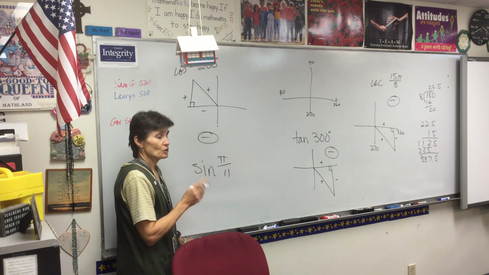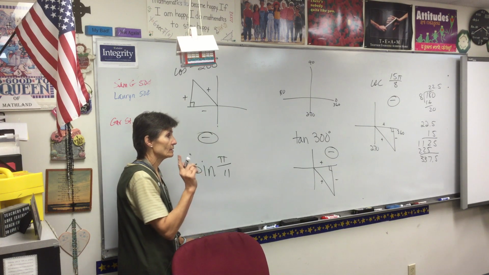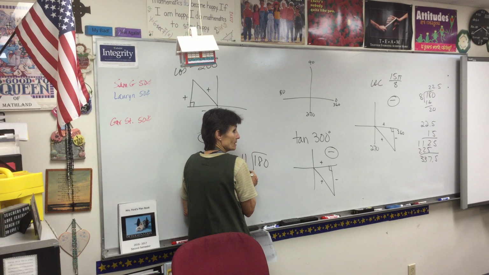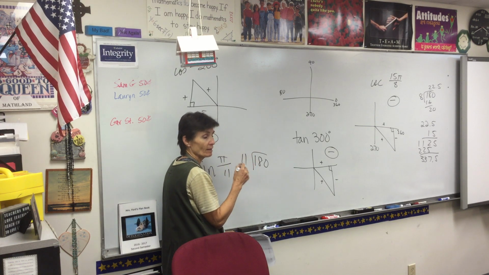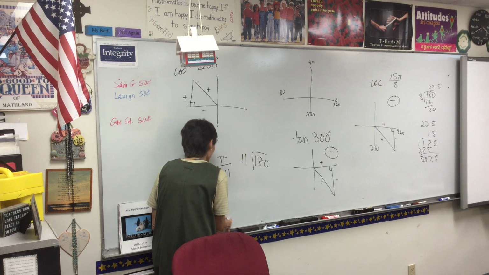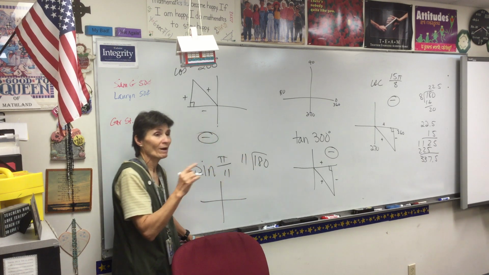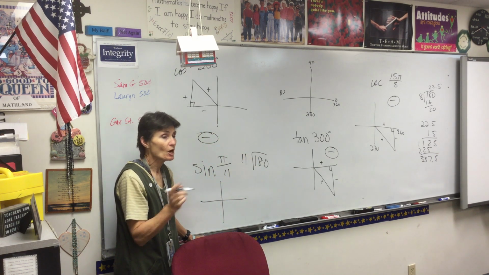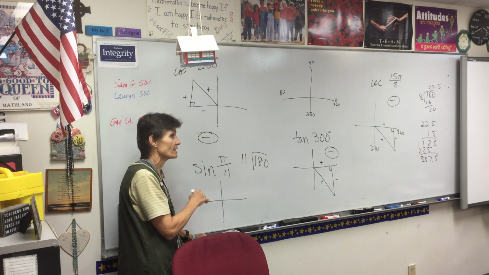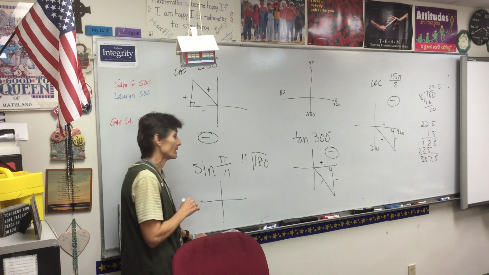Now this one I don't want you to get all carried away with. This is 180 divided by 11, right? Now I know that's not going to go in nicely. That's going to be some weird decimal. But remember, all you're trying to do is figure out where it is. You don't need to know exactly how many degrees it is. You just want to know where to draw it so you can tell if it's positive or negative.